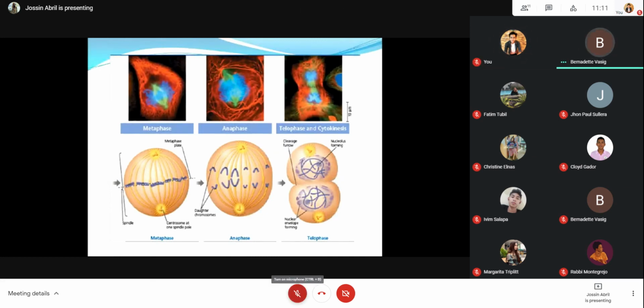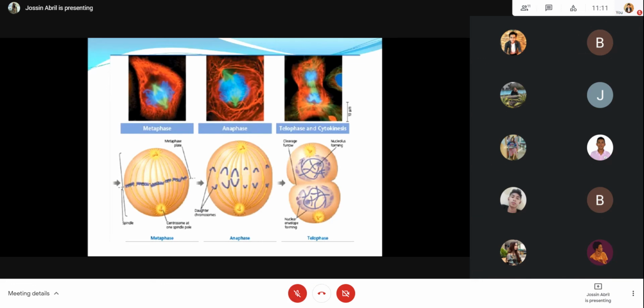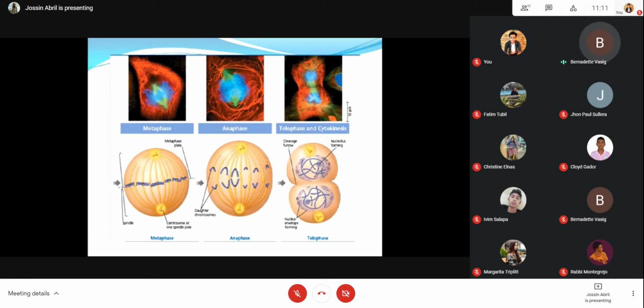The kinetochore microtubules shorten because these microtubules are attached at the centrosome region, and the chromosomes move to the centromere.